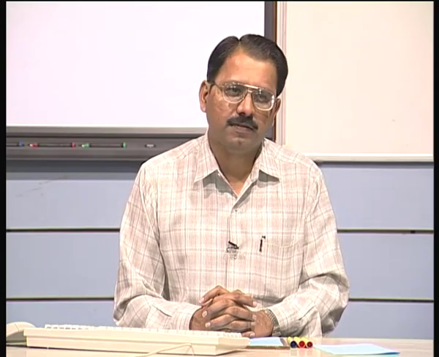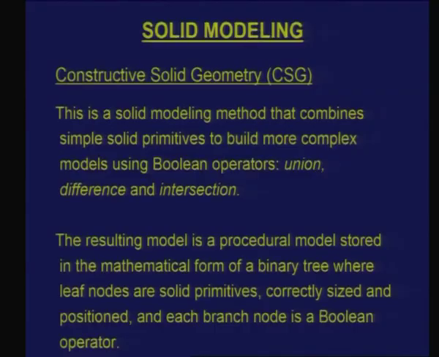One of the methods which was introduced particularly in the 60s and 70s is called constructive solid geometry. Now, in constructive solid geometry, one uses certain known simple solids which are called primitives.